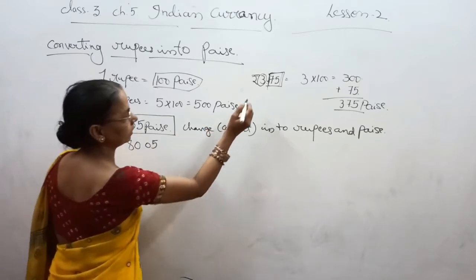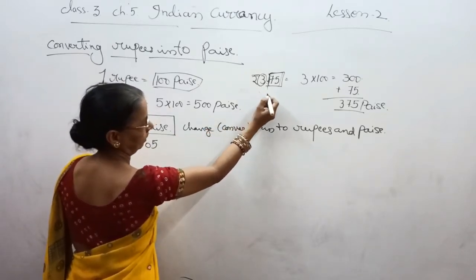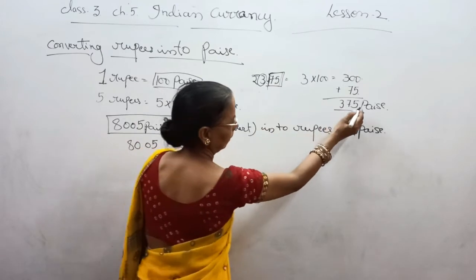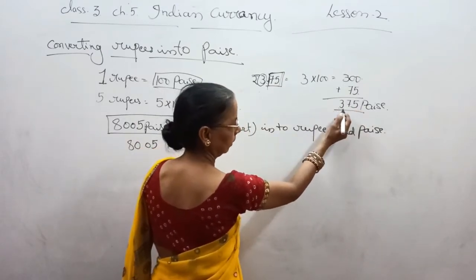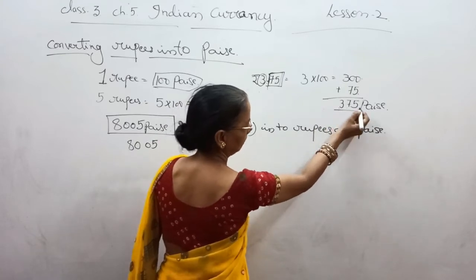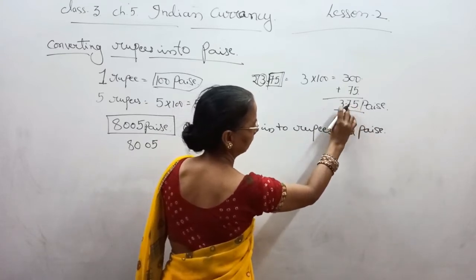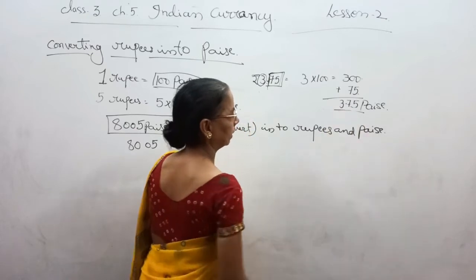If we get 3 digits, then it comes under rupees. If we take 375 paise and convert it into rupees and paise, then simply we have to put a point here.